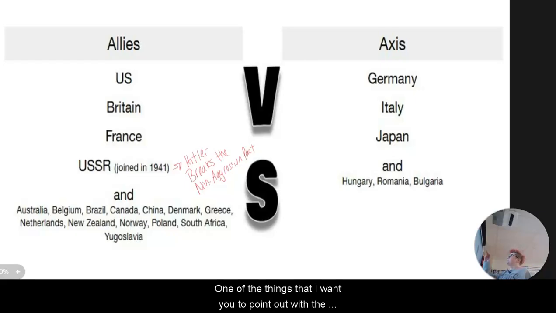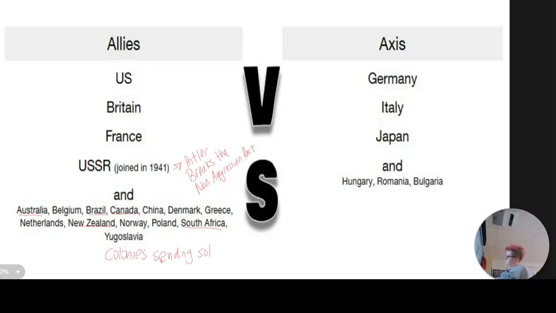One of the things that I want you to point out with the Allies, Australia, Brazil, Canada, New Zealand, South Africa, these are all colonies sending soldiers to fight. I believe they're all actually, except for Brazil, British colonies specifically.